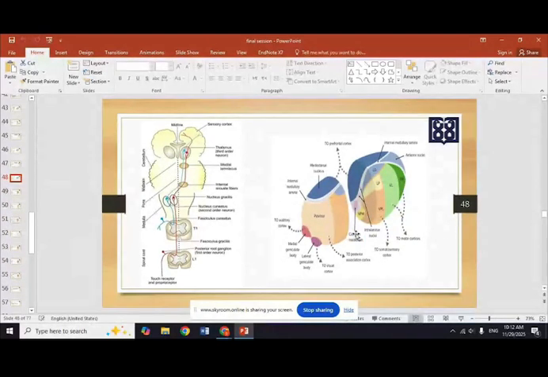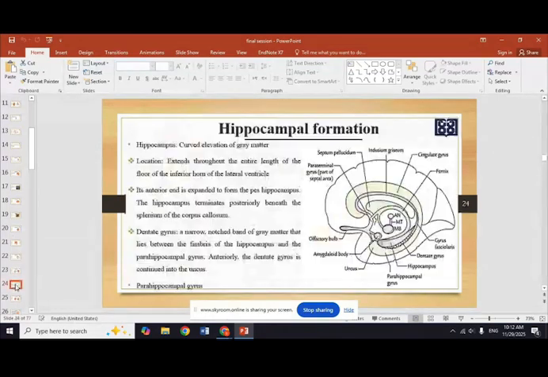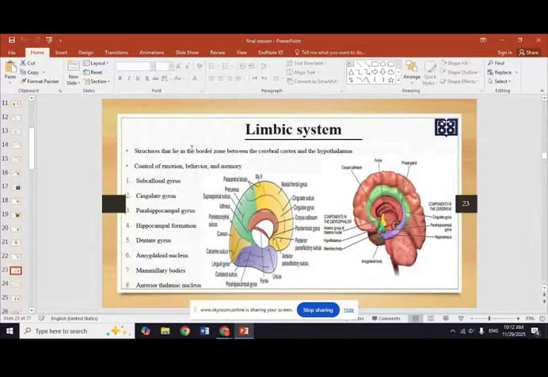This is the picture of the thalamus. We have the internal medullary lamina, which is Y-shaped. We have the anterior nuclei of the thalamus, the medial nuclei, and the lateral nuclei. The anterior part of the thalamus is one of the main parts of the limbic system. So we came back to the limbic system. These are all of the structures taking part in making the limbic system.